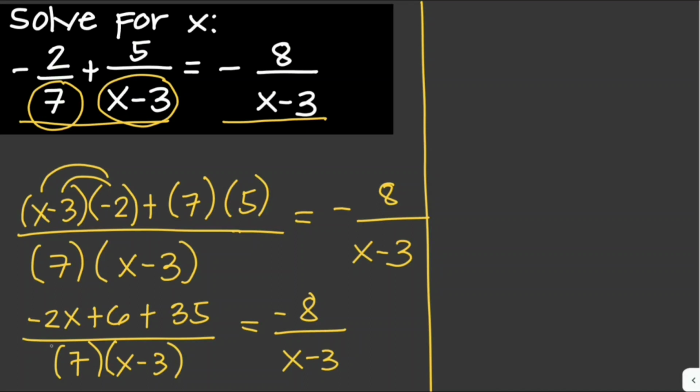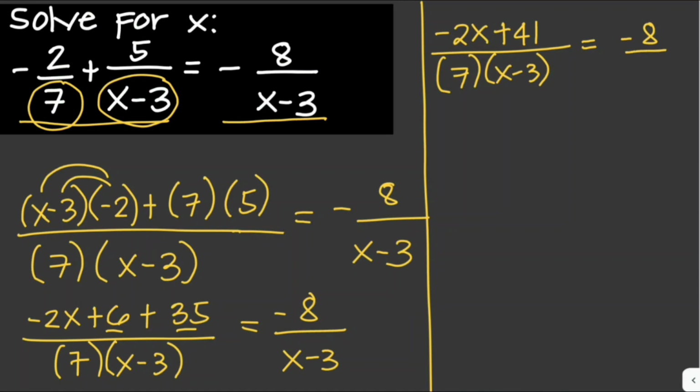Then simplifying the numerator further, that would be negative 2x. We can combine 6 and 35. That is 41. So plus 41 over 7 times x minus 3 equals negative 8 over x minus 3.